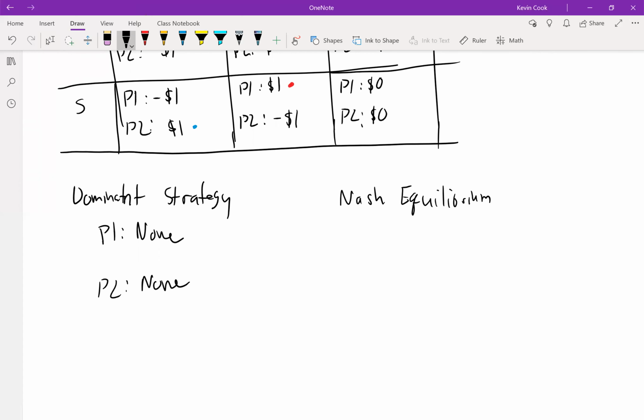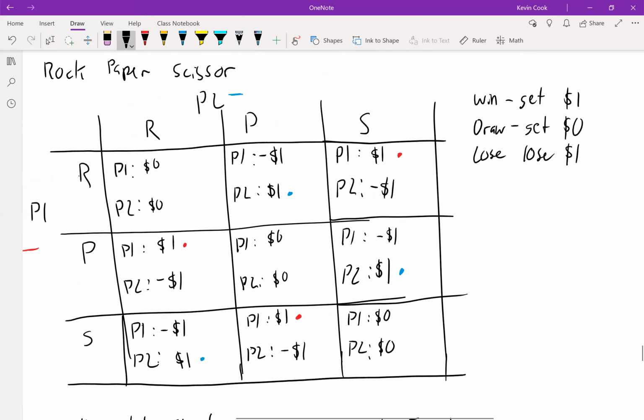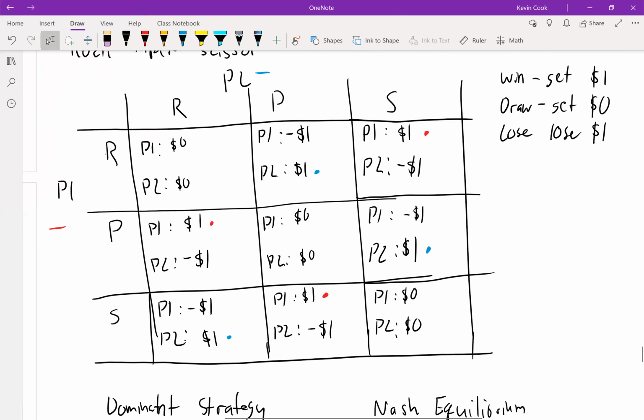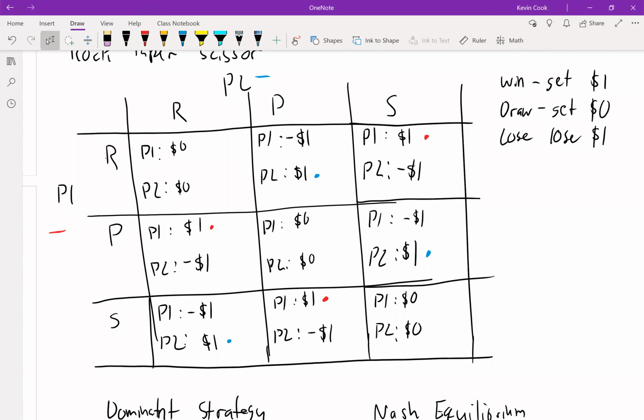Then if we look for a Nash equilibrium, I'm not going to go through every single point, but I'll go through a couple and we'll see a pattern emerge. What if we are currently in a situation where both players pick rock? They both tie, and they get nothing.